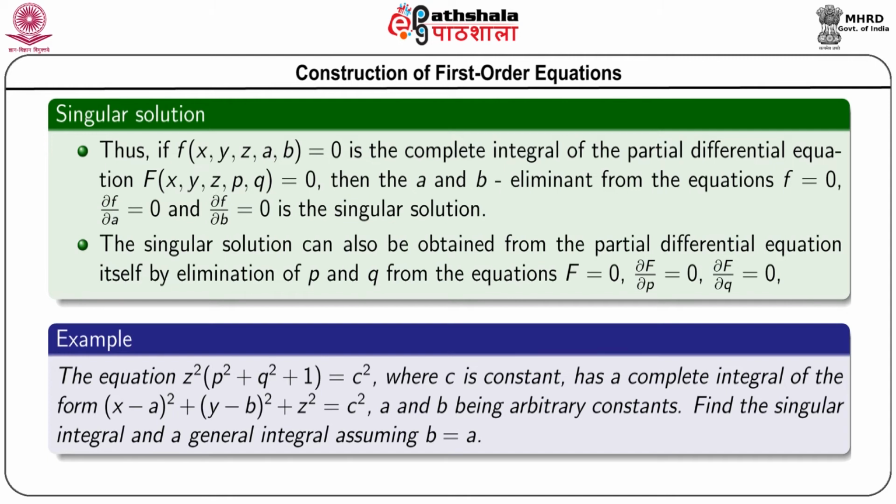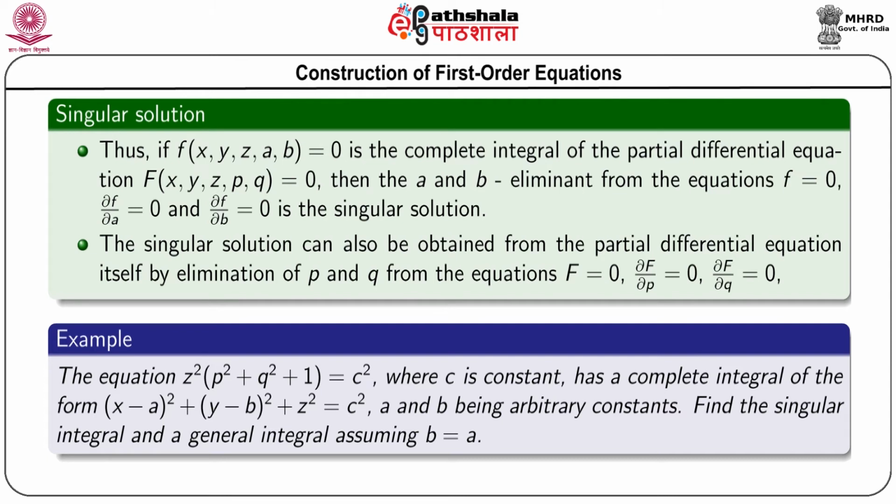There is another way to find the singular solution from the given differential equation capital F(x, y, z, p, q) equals 0. From the given differential equation, one can eliminate p and q from the equations capital F equals 0, del F del p equals 0 and del F del q equals 0, and that equation is the singular solution of the given differential equation.